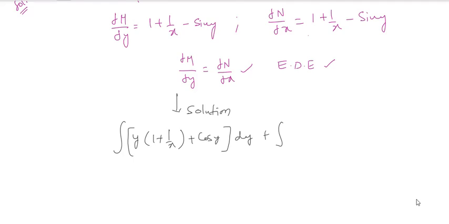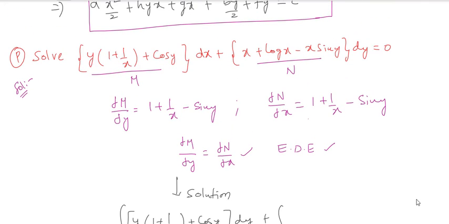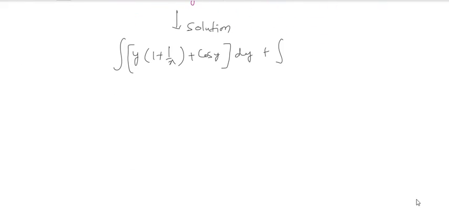If you check the given equation, all terms have x. So for dy, N has no such terms. So this is 0, and you will have the constant c.